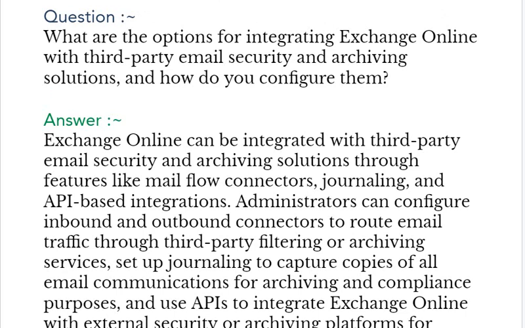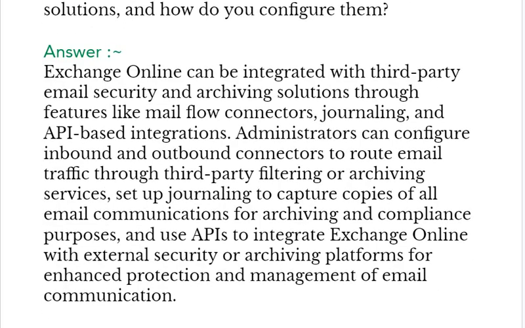Our next interview question is: what are the options for integrating Exchange Online with third-party email security and archiving solutions, and how do you configure them? Your answer should be: Exchange Online can be integrated with third-party email security and archiving solutions through features like mail flow connectors, journaling, and API-based integrations.